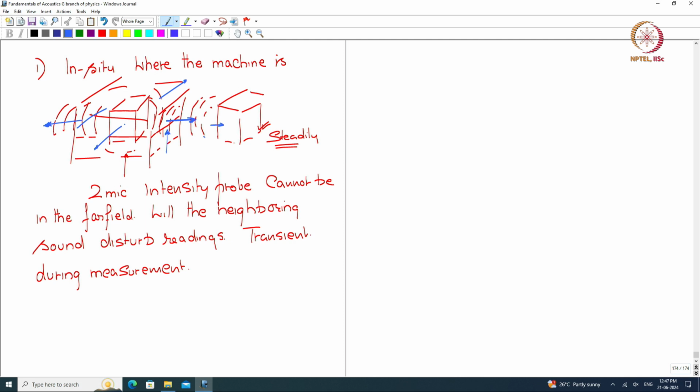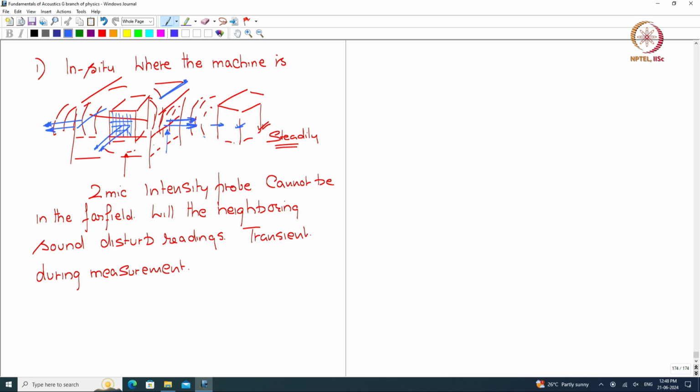As far as the outside machine is concerned, the normal points in one instance towards the machine, in another instance away from the machine, so that the power due to the neighboring machine enters the grid and exits the grid. But with respect to the source that we are trying to measure, which is inside the grid, the normal always points away from the machine. So we are always accounting for the sound power coming from the source.